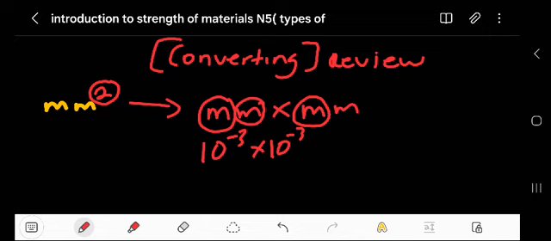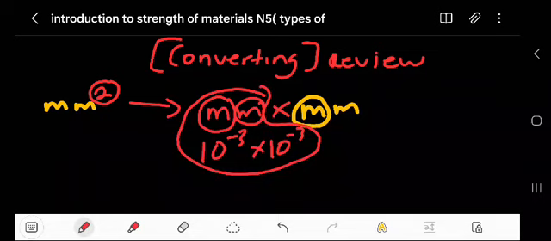If you leave these two, remember you've converted these twos, goes with that. Then that means mathematically, when you add the exponents there, this will be times 10 to the minus 6. Then when you multiply these two, is same as meter squared.